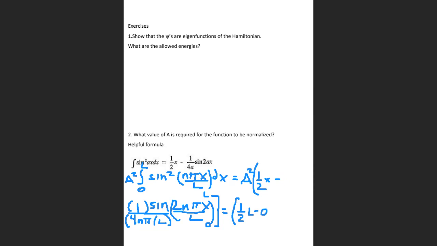If you look at the second term, plug in L. Plug in L over here, it's sine 2n pi x over L, or sine 2n pi L over L. That cancels, and we have the sine of 2n pi. And we always know n is a whole number.